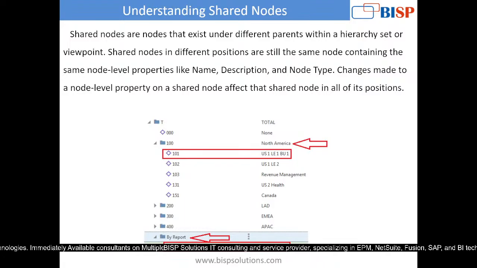Suppose we have one parent, 100, and a child to it, 101. If I want to take this particular leaf node 101 to some other hierarchy within the same viewpoint, we can also do that. By default it is sometimes enabled in the EDMCS application, but mostly we have to enable it.